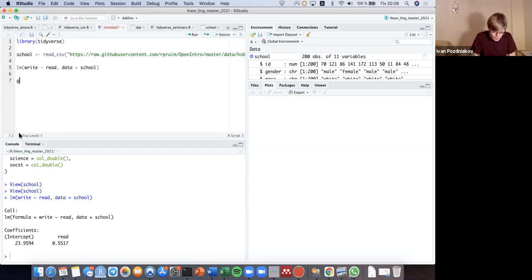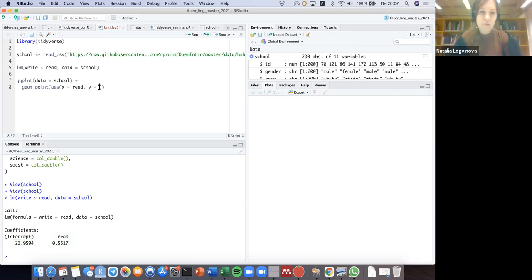So yeah, I ask you, what is it? What are these coefficients? What are these numbers? What do you think?